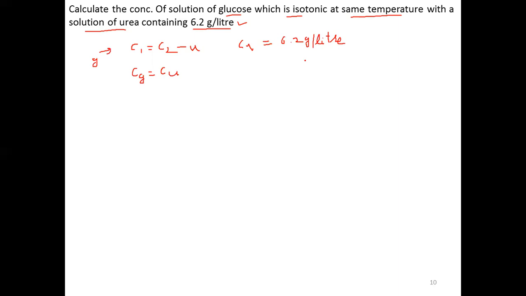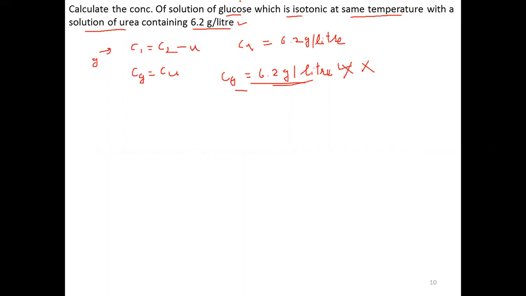Urea solution. We have to calculate the concentration for this glucose solution. Now we can see glucose will be equal to 6.2 gram per liter. So that will be the concentration of glucose solution. So most of you will say that this is the answer, but I have deliberately done it wrong. This is the wrong way to do it.